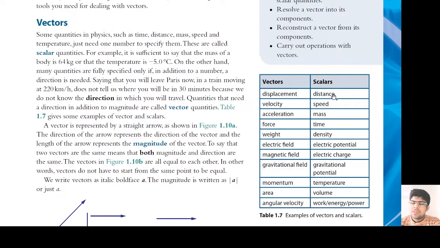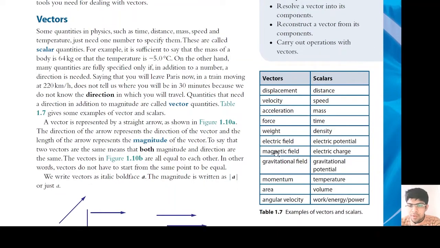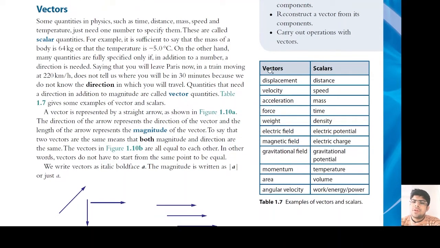Electric potential is a scalar quantity, it just has magnitude and no direction. Magnetic field is also a vector quantity, and electric charge is a scalar quantity. Gravitational field is a vector quantity, and gravitational potential, remember, the potential is the scalar quantity, whereas the gravitational field is the vector quantity.